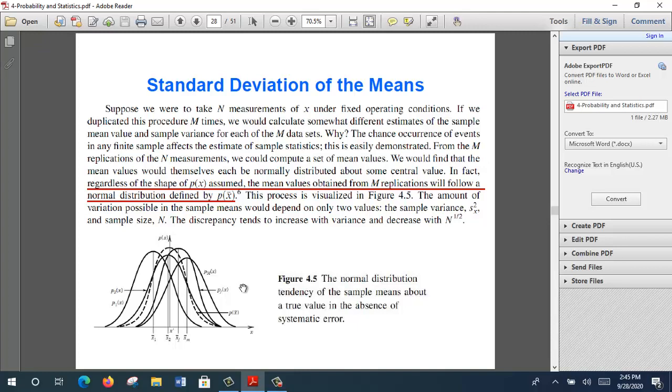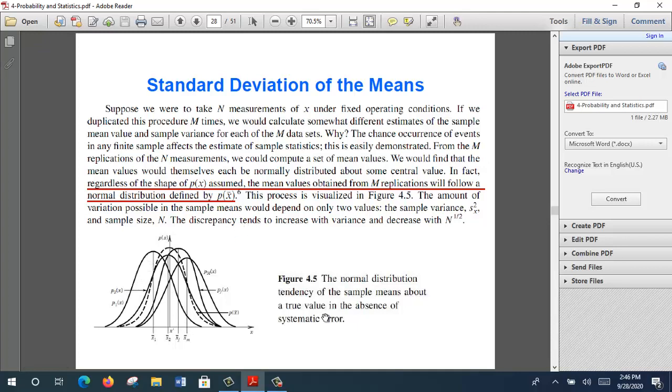This process is visualized in figure 4.5. From figure 4.5, what you can see is that the amount of variation possible in the sample mean depends on only two values: the sample variance and the sample size. The discrepancy tends to increase with the variance and decrease with the square root of n. So you can see that different sets of m taken during a process will show different variations of the mean.